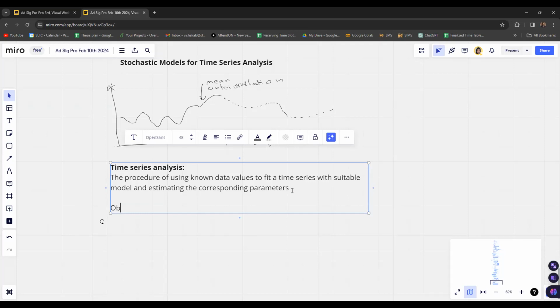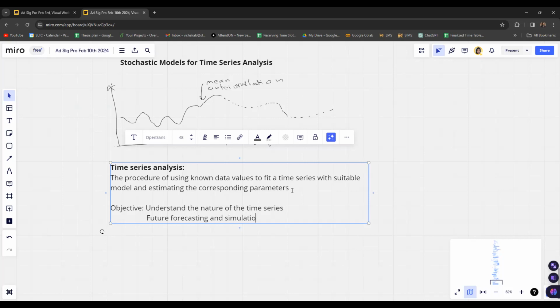The objective of the time series analysis is to understand the nature of the time series, and then using the nature you can find the future of the series. So we can forecast the future of the time series.